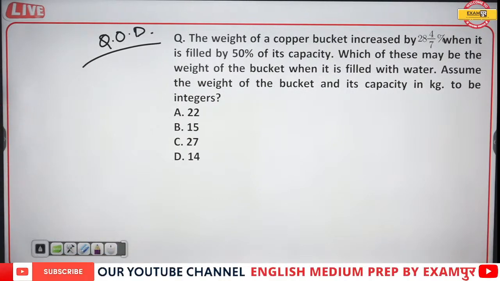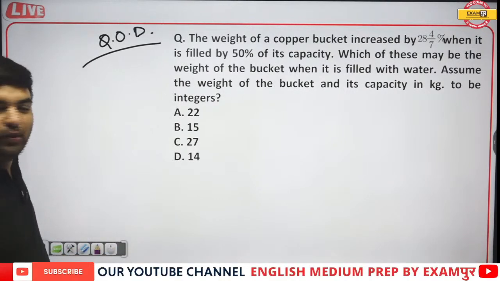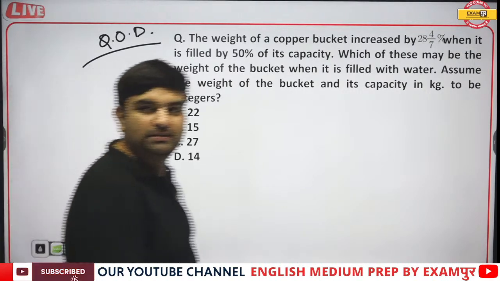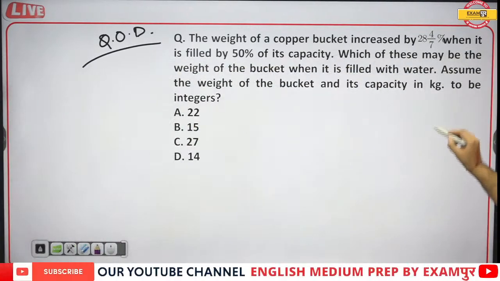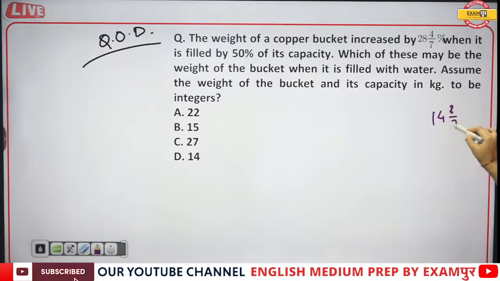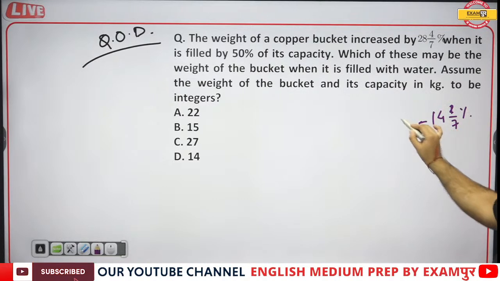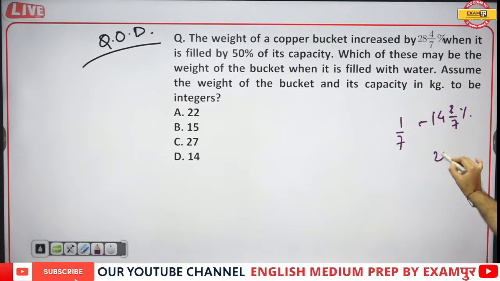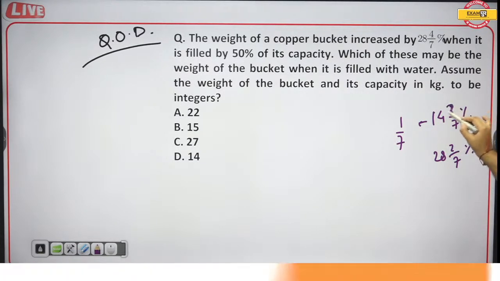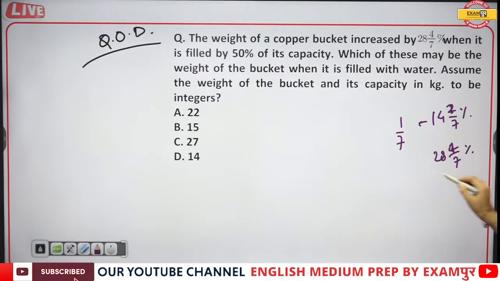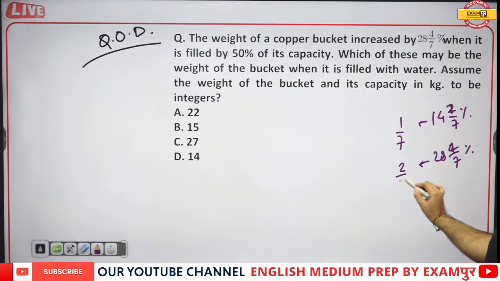The weight of a copper bucket increased by 28 4 by 7%. Guys, 14 is 1 by 7, so 28 is 2 by 7, and 28 4 by 7 is going to be 2 by 7.